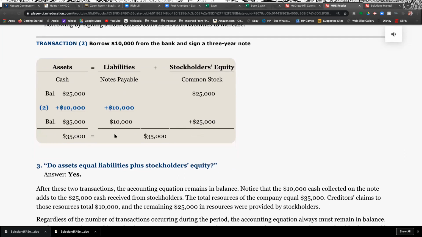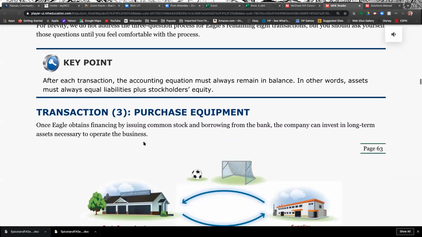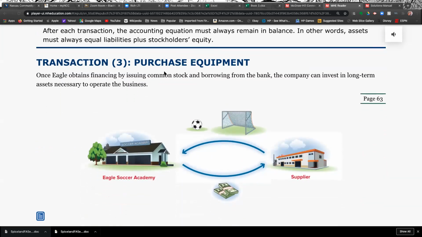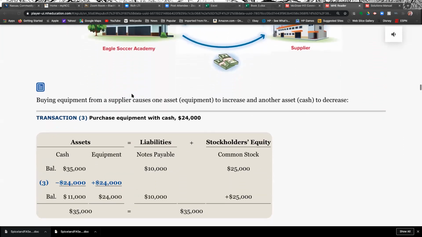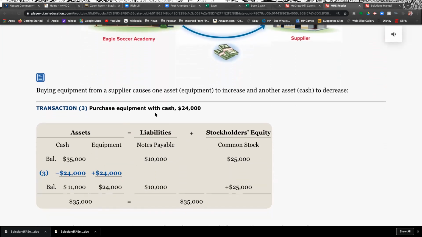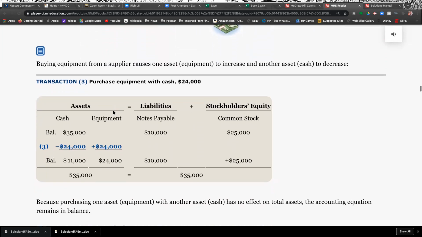So after those first two transactions, what's the total of the left? $35,000. What's the total of the right? 10 plus 25 is 35,000. Purchase equipment. Number 3. We purchased equipment with cash. So this is an example of one of those transactions that only affects one side of the equation.